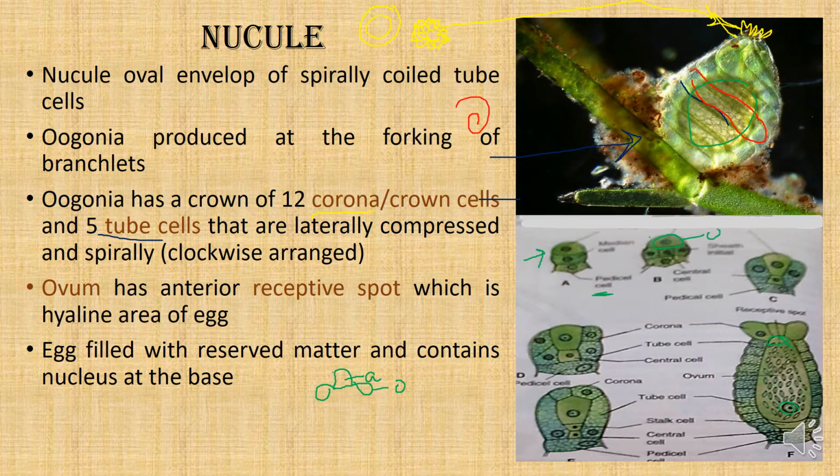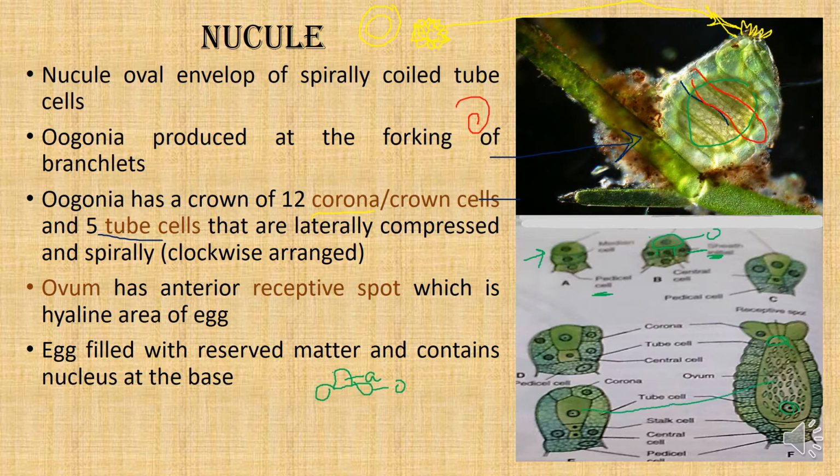This terminal cell gives rise to the oogonium, and the immediate next cell undergoes division to form the tube cells and corona cells. So this sheath cell gives rise to this one. They divide and redivide to form the tube and the corona cell.